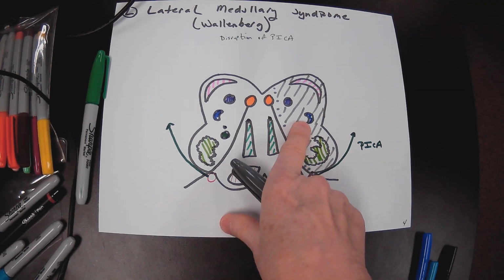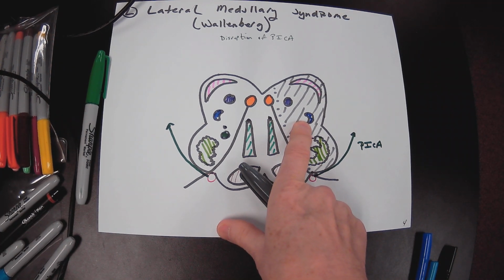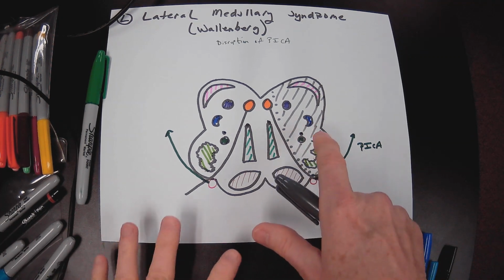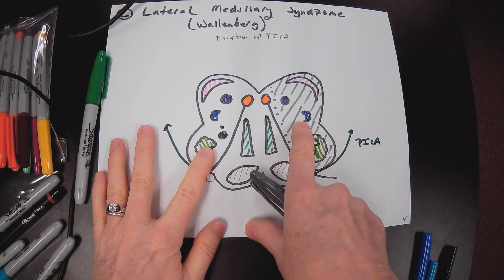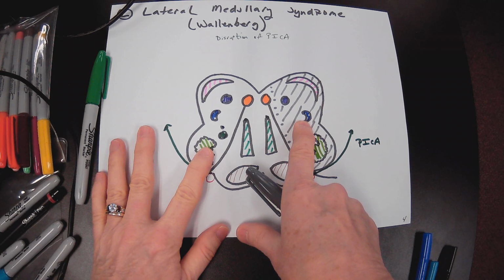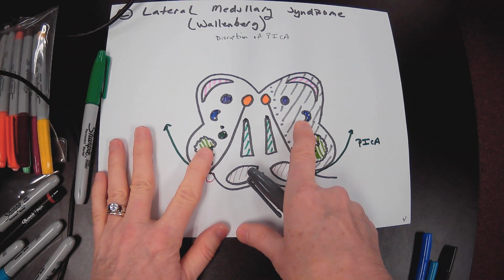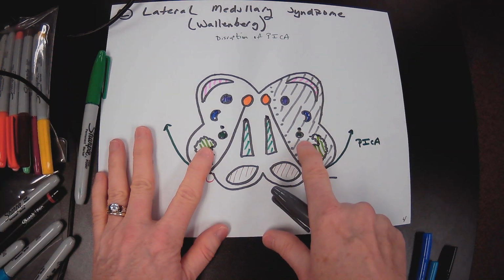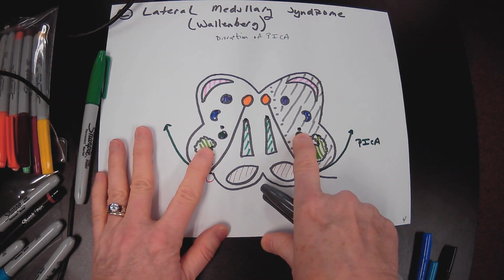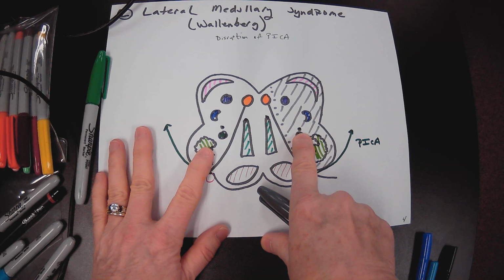Okay, spinal nucleus of trigeminal nerve is affected. Trouble with facial sensation, yeah. And here's the sympathetic tract is going to be affected. So that person's going to present with Horner syndrome, good.